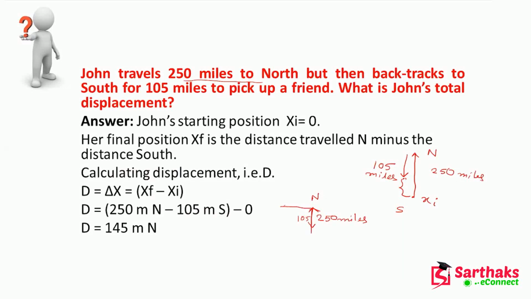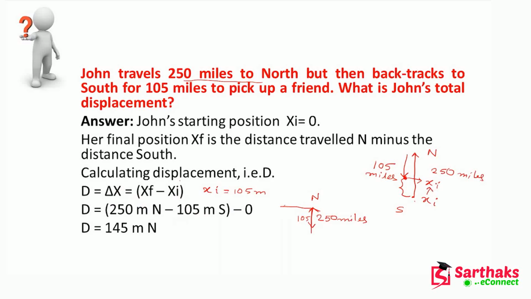Now where is he now? Suppose he is here. Towards north condition, right? So here the displacement is xf minus xi. This 105 miles is the xi. Previously the xi was this one, now the new xi is this one.